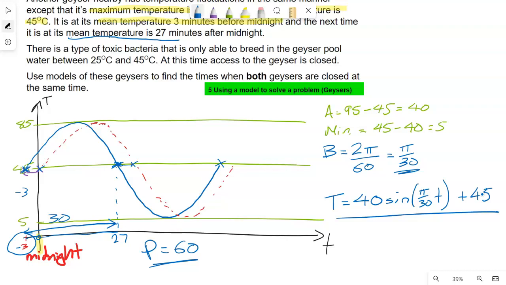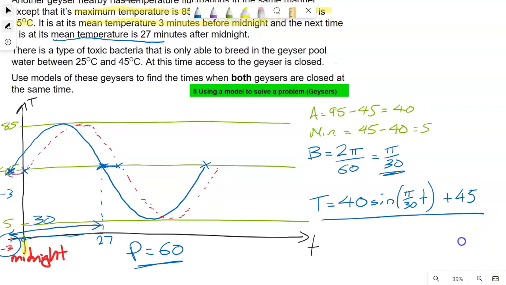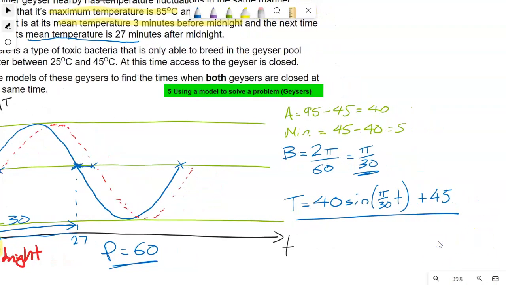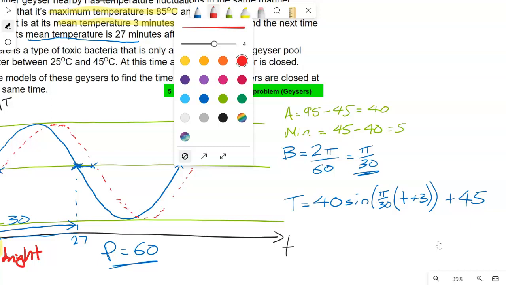I don't even have to rewrite this, I'm just going to redraw it. I'm going to put brackets there, and put t. If it's moved across in the negative direction, then we're going to have plus 3 there, plus 45. And there is my equation.